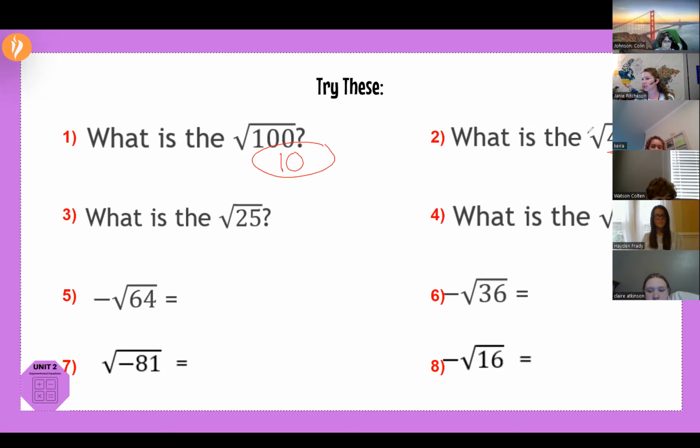Claire is thinking, she's typing. Oh, that was Darius. Darius answered for you, Claire. Are you going to pass? Okay, Claire's passing. Darius said the answer is 7. All right. Isaiah, what is the square root of 25?